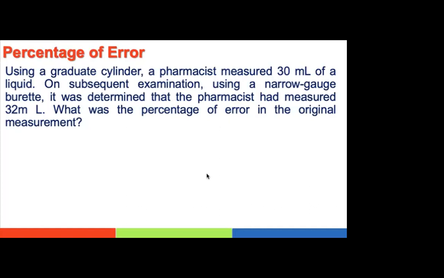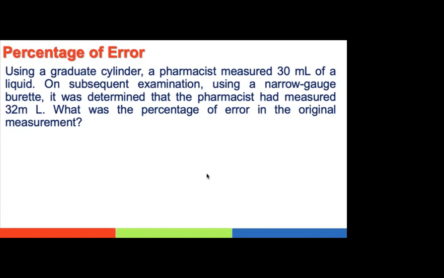Who is more accurate, class? Question. Graduated cylinder or burette? Who is more accurate? Are you sure, graduated cylinder? You have seen a burette.